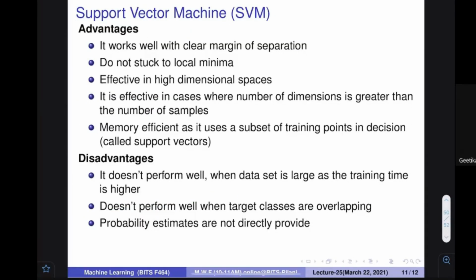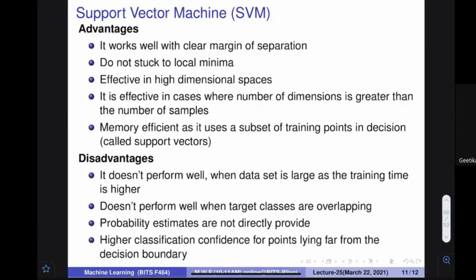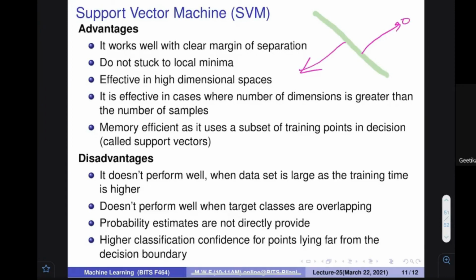Probability estimates are not directly provided. It tells you that a point is positive or negative, but how much confidence it has, it is not going to tell. However, sometimes people say you can utilize the distance of the point as a probability, so the items which are far away are more near to that particular class, but sometimes it may be an abstract idea.